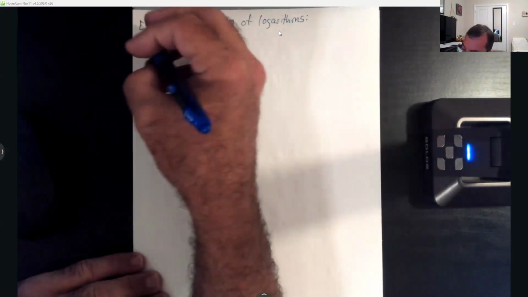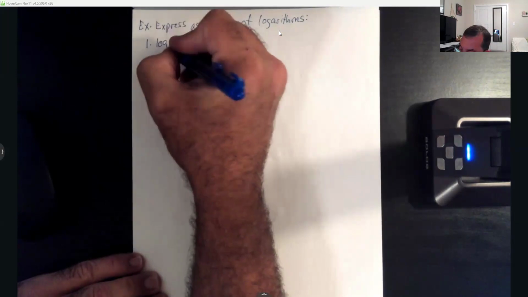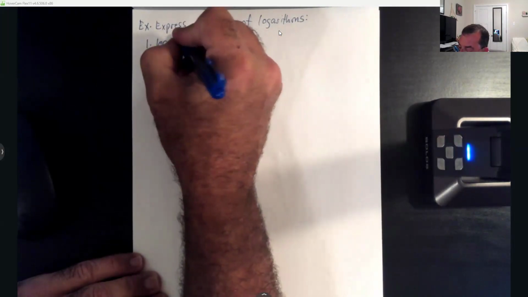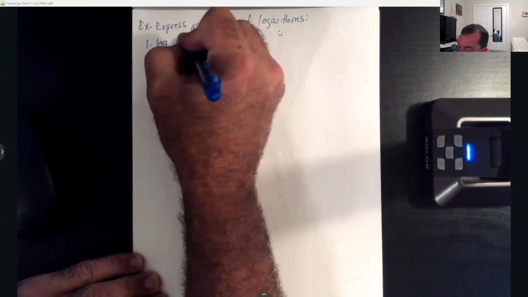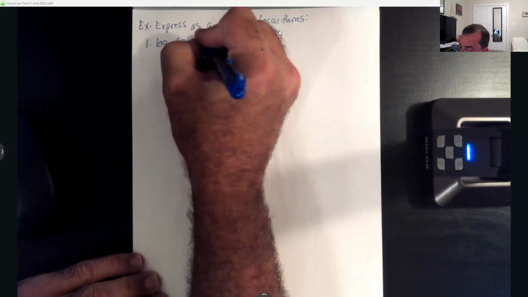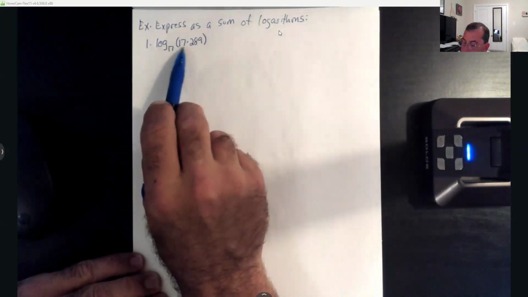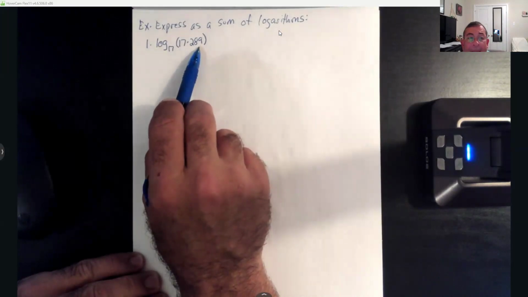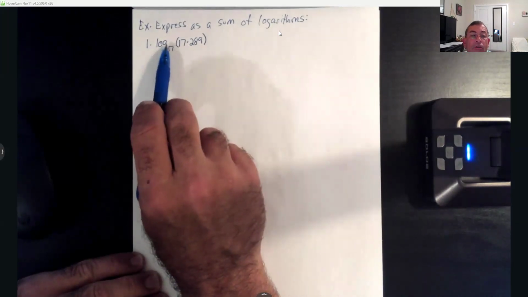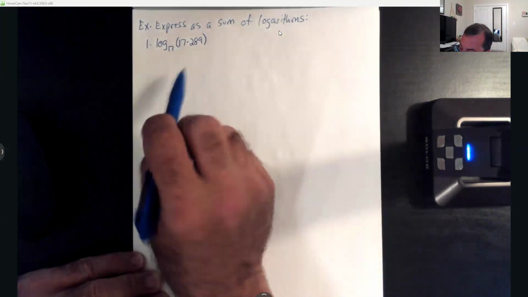So y'all, that's what the first two are doing. Number one has a log base 17 of 17 times 289. So my product is a 17 times the 289. So I'm going to distribute the log base 17 to both of these and write it as a sum.